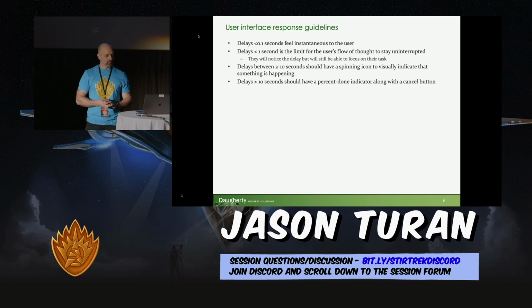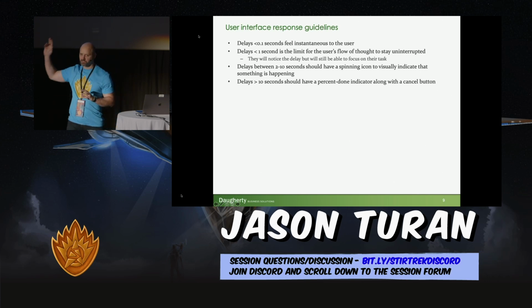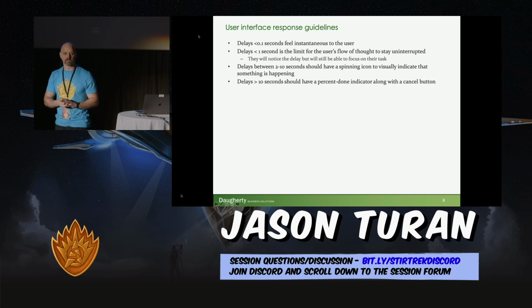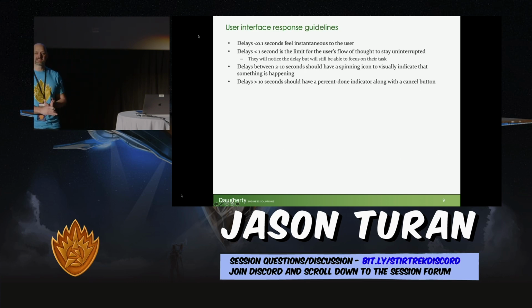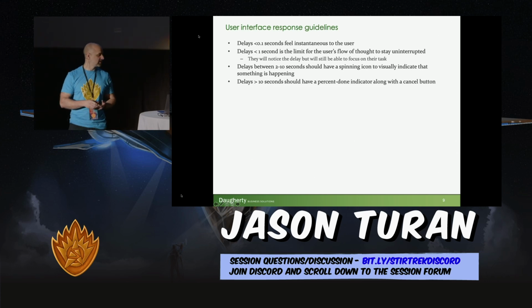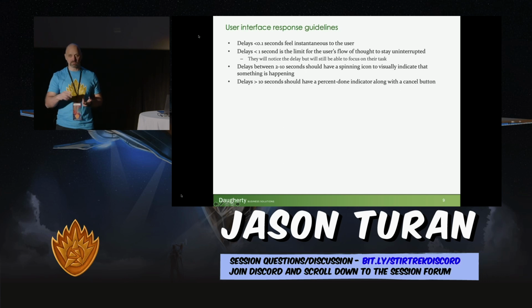But for the use cases on the UI, these are good general recommendations for you. Anything less than 0.1 second, don't even bother optimizing it. That's so low, they can't even notice any improvements past that point. And if there is a delay without a spinner or a loading icon, it's got to be less than 1 second.